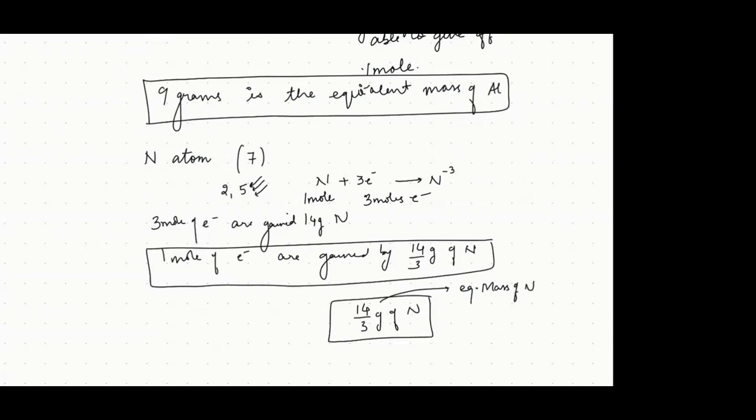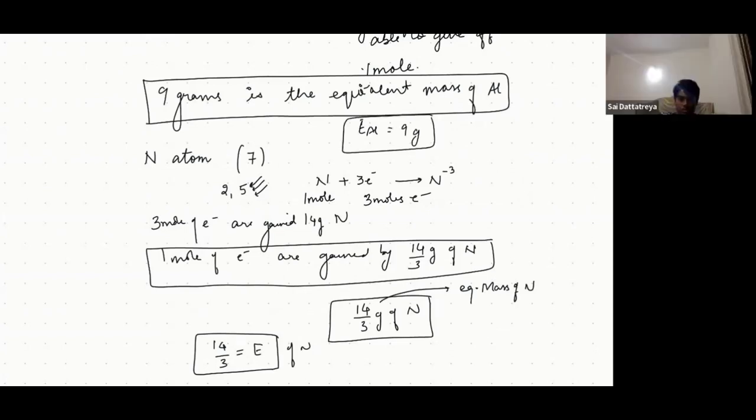So basically 14 by 3 is nothing but E of nitrogen, and similarly E of aluminium was nothing but 9 grams.